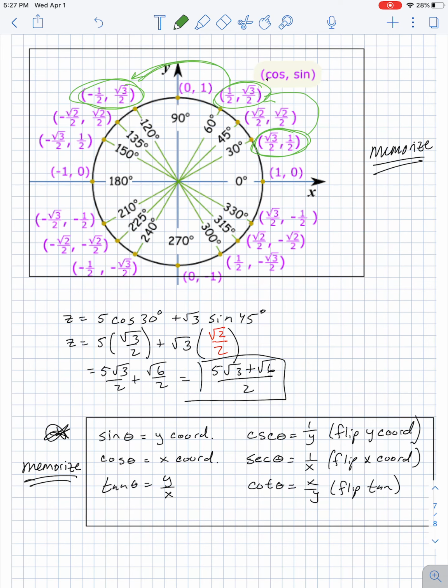So when you jump across an axis, like the y-axis, you don't flip the numbers. But then within the quadrant, you do flip. See how these guys are flipping the order? But now I'm going to jump across an axis, so I'm not going to flip. They stay in the same order. Within the quadrant, they do flip. When I jump the axis, they don't flip, and here again, they do.